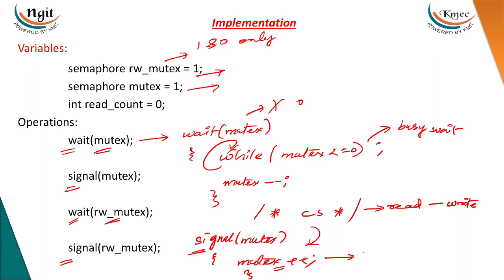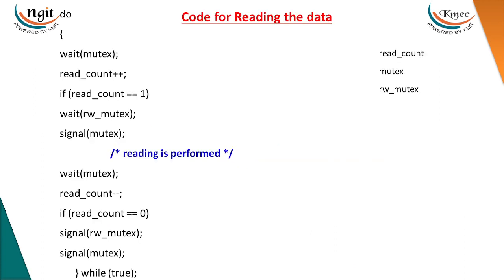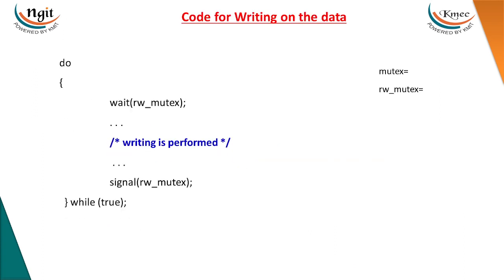Now let's see the code for writing the data. The write operation is very simple. Initially mutex equals 1 and rw mutex equals 1.